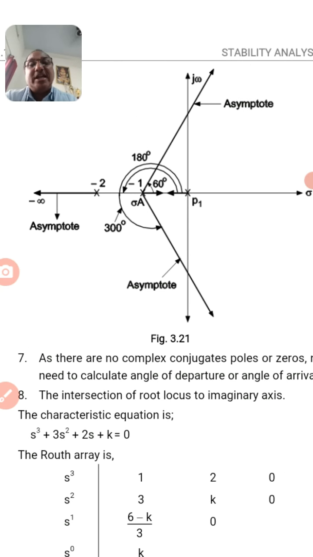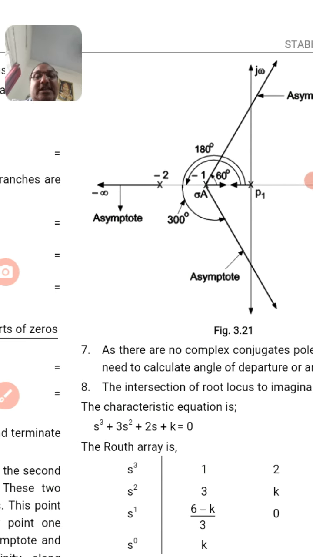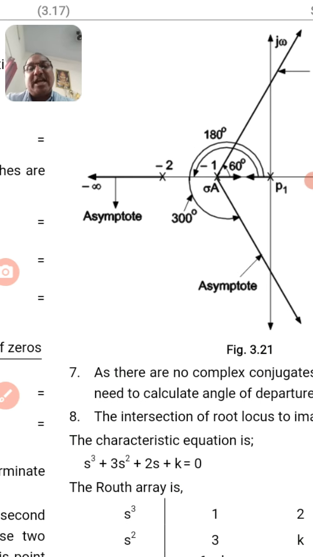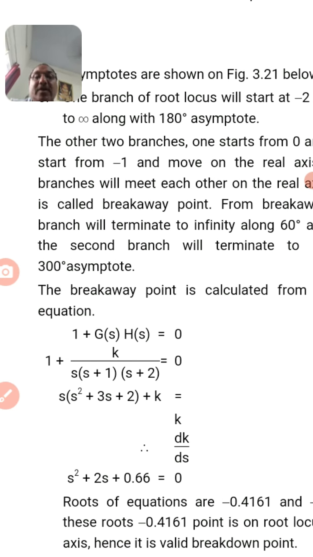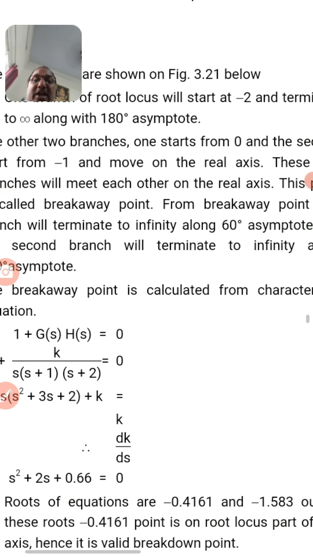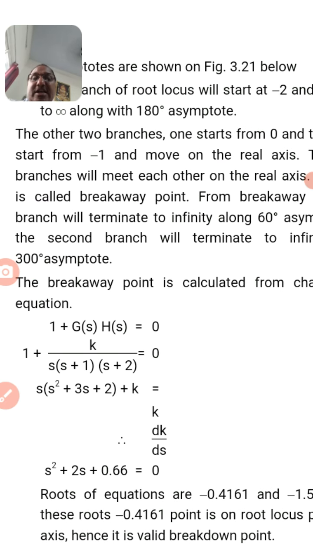Here you will find these asymptotes are at 60 degree, 300 degree, and the last asymptote is at 180 degree. To calculate the breakaway point, calculate from the characteristic equation, that is 1 plus G(s)H(s) is equal to 0.